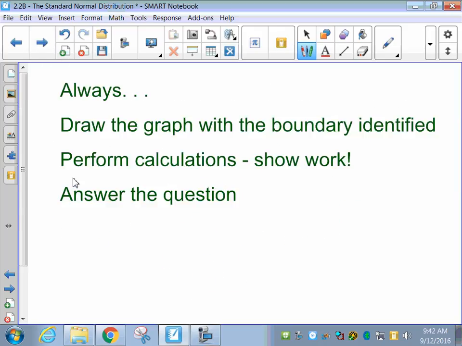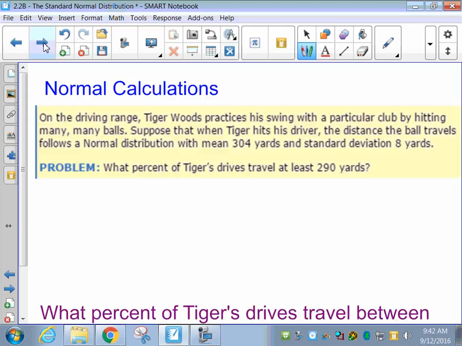Let's do this with a real problem, all right? So where it corresponds to something. So first of all, draw the graph with the boundary identified, perform the calculations, show your work, and answer the question, okay? So let's try it with a little Tiger Woods problem. On the driving range, Tiger Woods practices his swing with a particular golf club by hitting many, many balls.